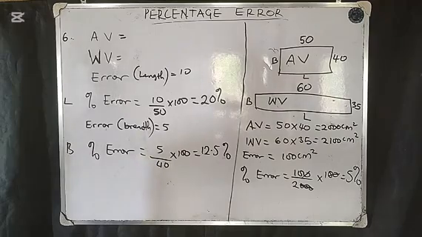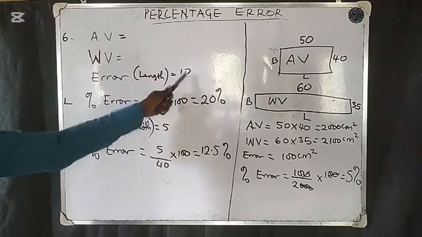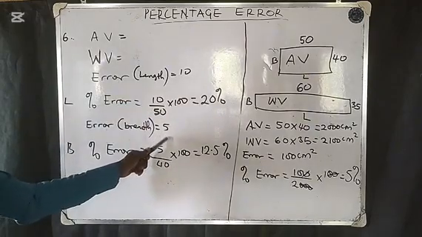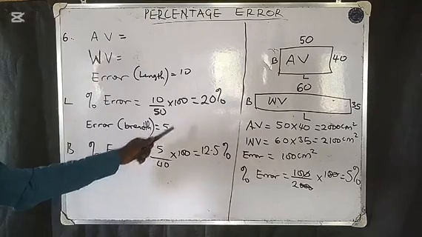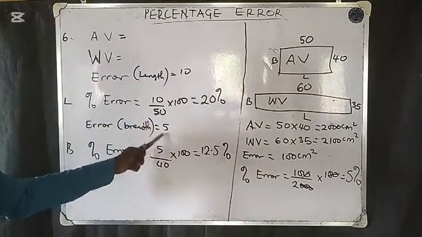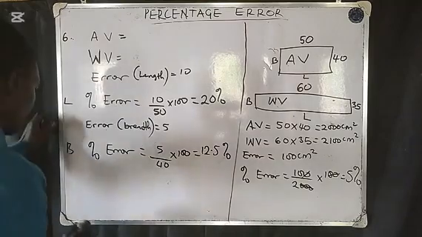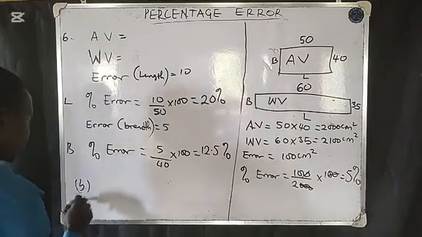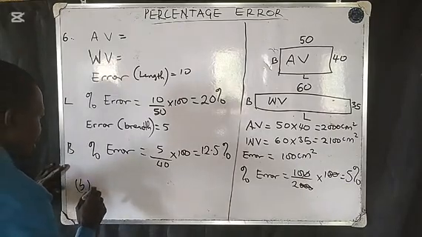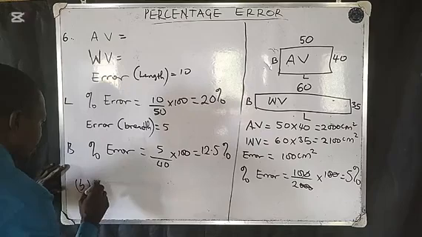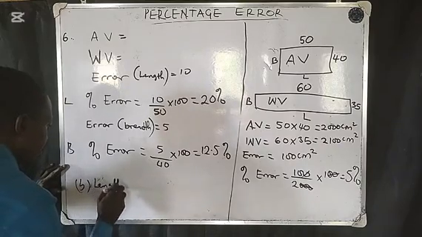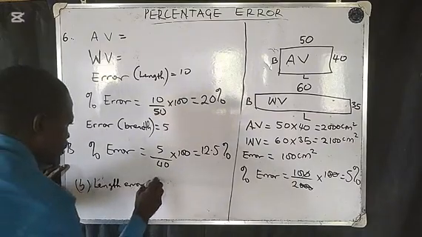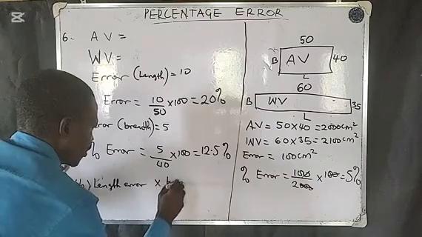The product of the two errors, the error in length and the error in breadth, right? So we now say the last one. This is number B, right? So length error multiplied by breadth error.